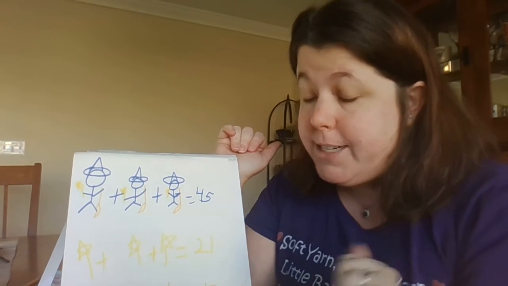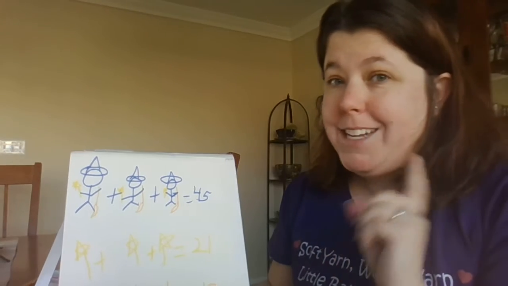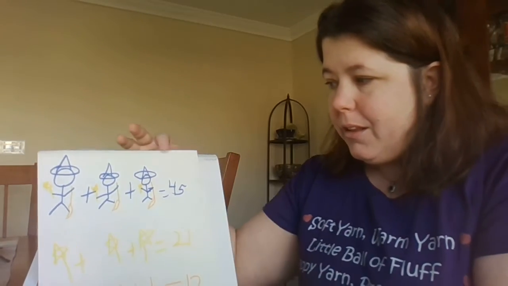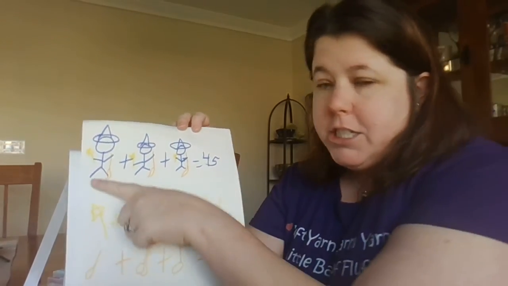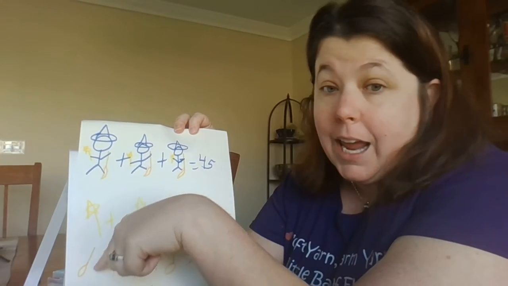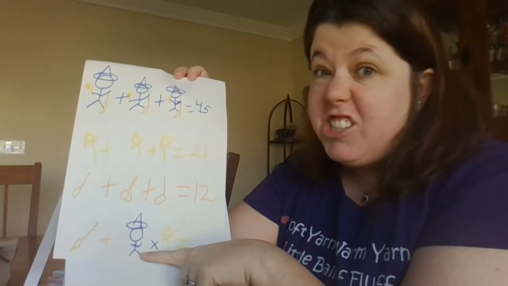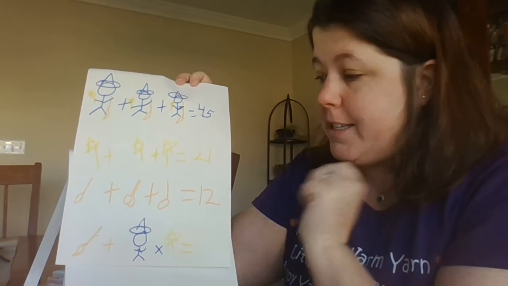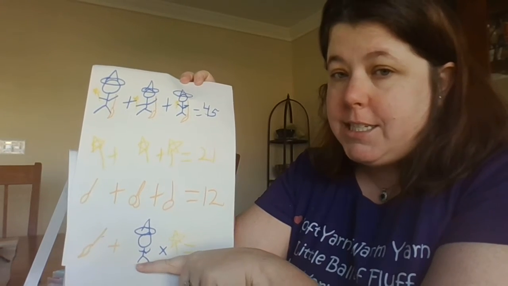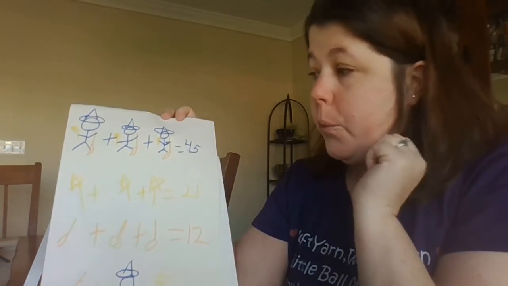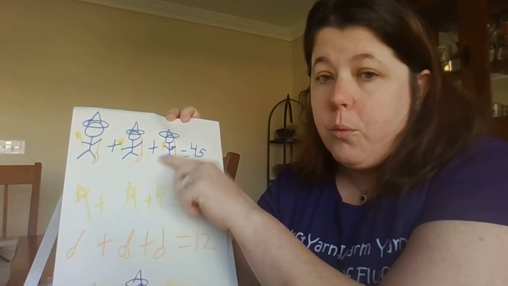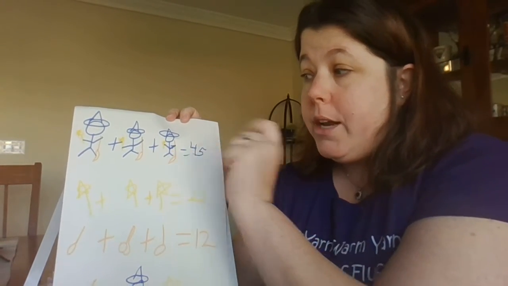You probably got 15. But wait, look again. Because up here, she's holding a wand and a broom. And down here, she's not. So she's trying to trick us. So in our equation, she is not holding a wand or broom. So we need to figure out her value minus the wand and the broom.